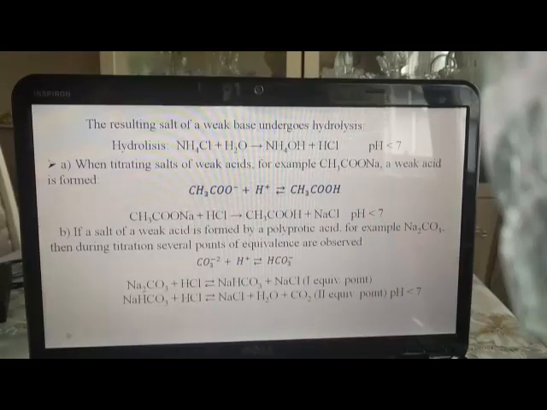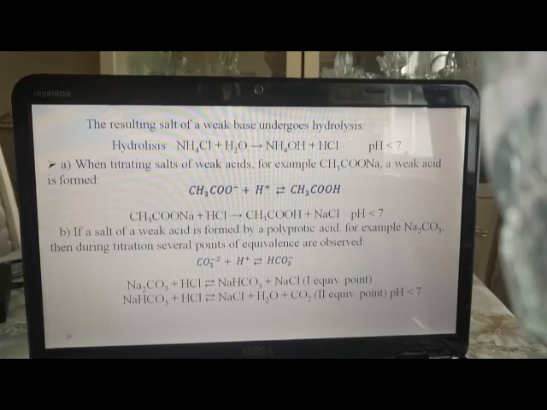If a salt of a weak acid is formed by a polyprotic acid, for example sodium carbonate, then during titration several points of equivalence are observed.